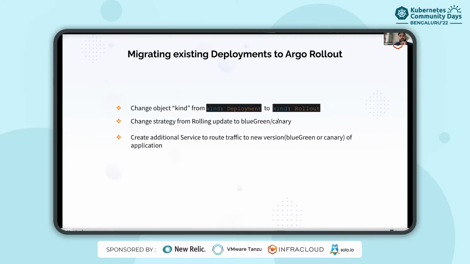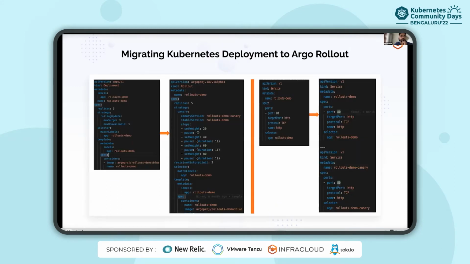You will change the strategy, and you would need to create an additional service to route the traffic. Here you would see it was having deployment, now the same object is converted to the rollout. In terms of strategy, this is the default Kubernetes strategy that you can replace with this Canary. And in terms of services, if you have one service, you will create another service.